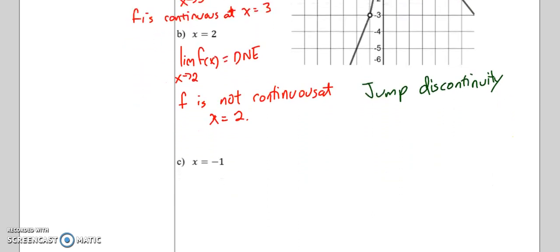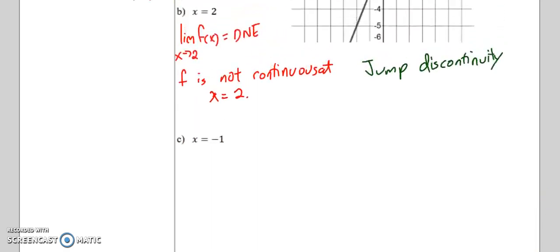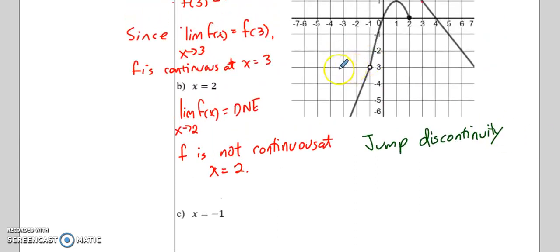How about at x equals -1? Again, what are we looking for? Whatever one we want to do first. For me, I'm looking at the graph. I recognize the open circle, the hole there. So that's telling me that f of -1 is undefined or doesn't exist.